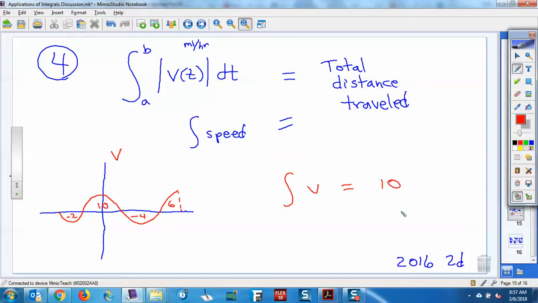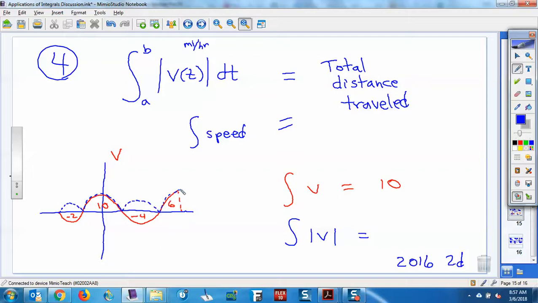That would be your net distance traveled. So from your beginning to your end, you had a gain of 10. But if you want to do total distance traveled, then all of a sudden that becomes this graph. Right? Doesn't absolute value just turn everything positive?